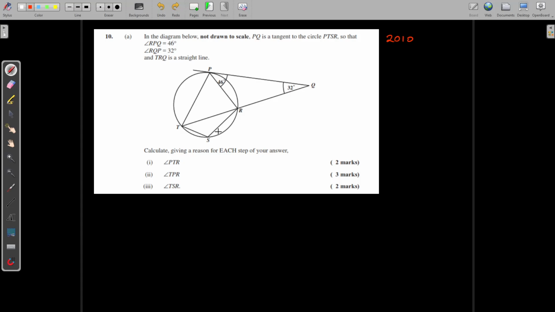Angle PTR. So this is the angle that they want first. Angle PTR. Alright, so we don't have any center to work with for this question.